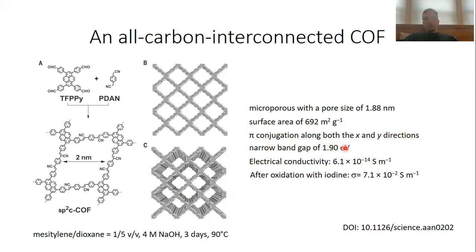In the pristine state, the electrical conductivity is quite small, 6.1 times 10 to the minus 14 Siemens per meter. But after oxidation with iodine, the electrical conductivity increases by many orders of magnitude to 7.1 times 10 to the minus 2 Siemens per meter.